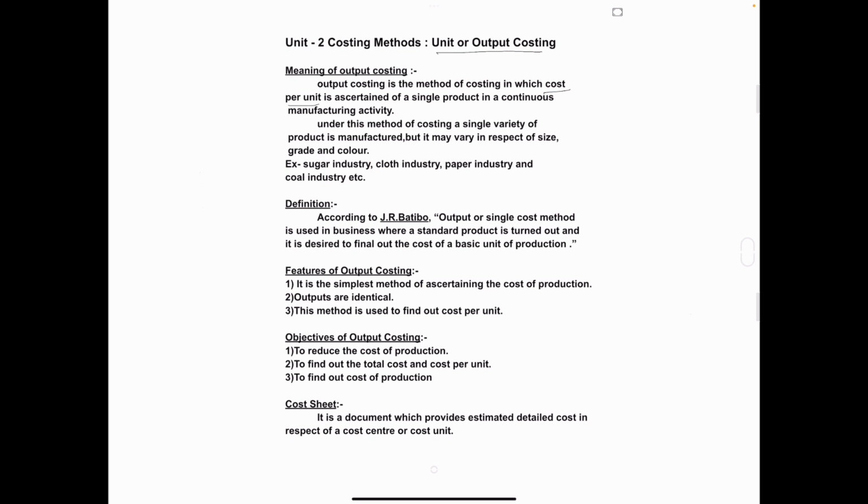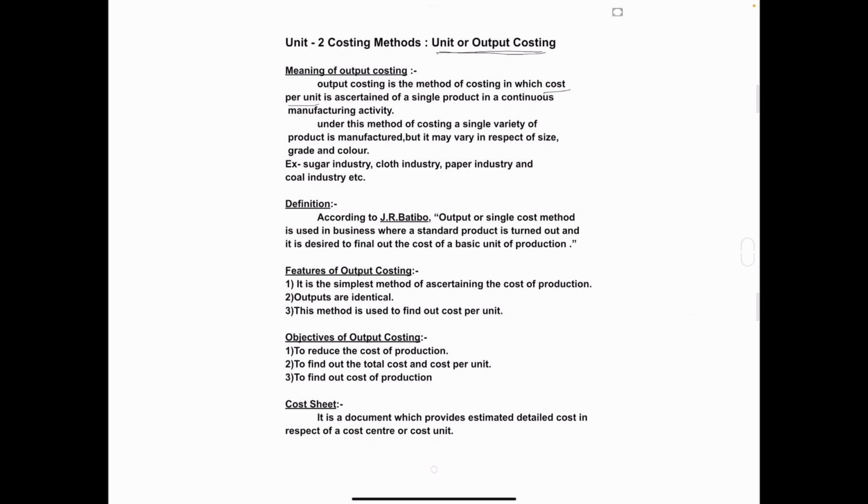For example, paper industry, mining industries, sugar industries, etc., all these types of industries produce a single variety of product, and they adopt unit or output costing method to find out the cost per unit.